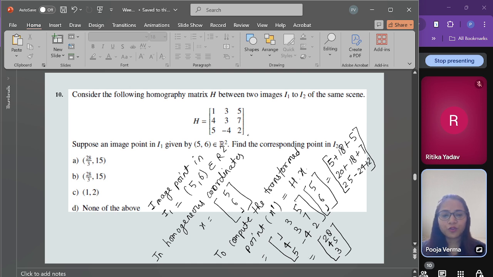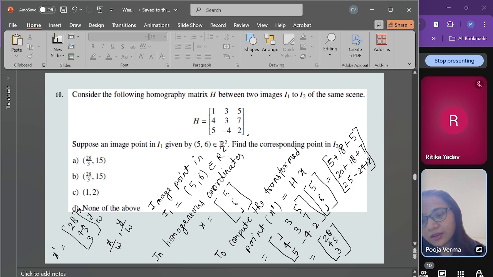Now we need to convert it back to a 2D point in the real space. How can we convert it? We already have x dash as 28, 45 and 3. Now convert back into real space. So we take x divided by w and y divided by w, right? Let's say it is x, y, w.